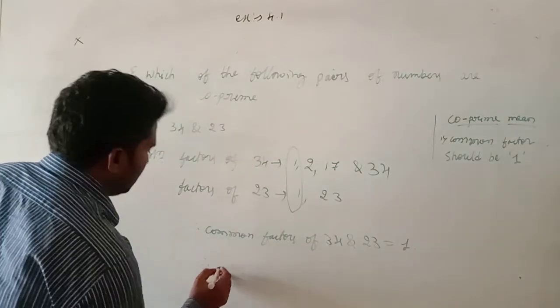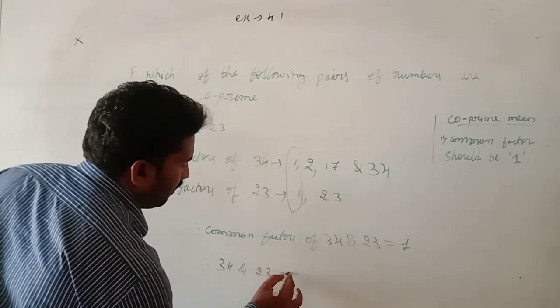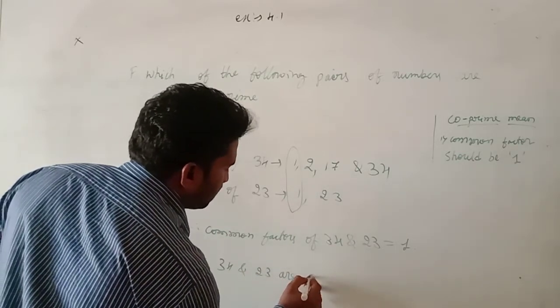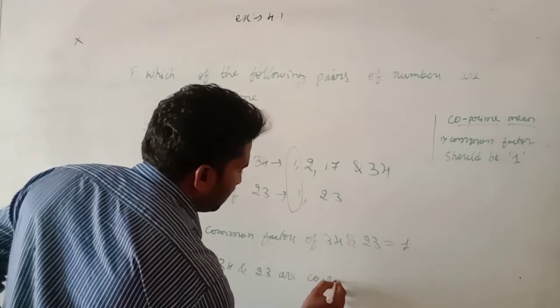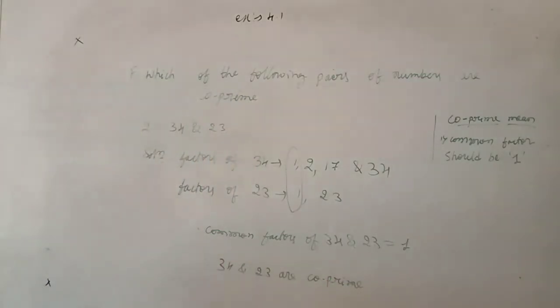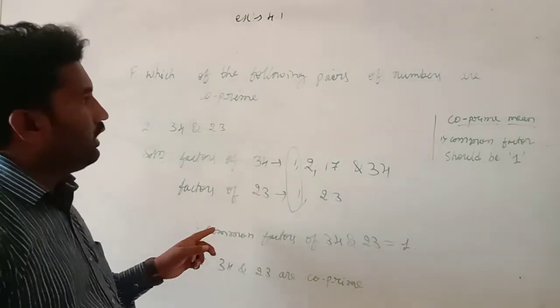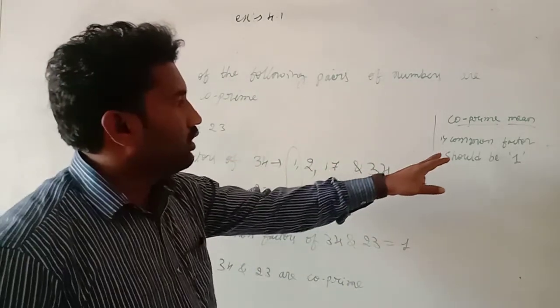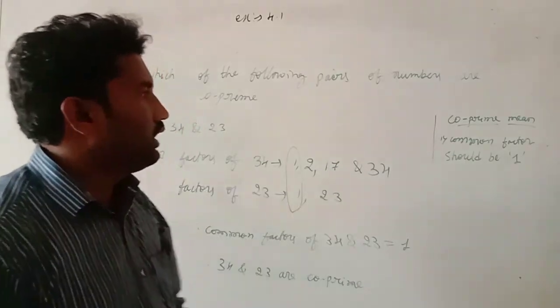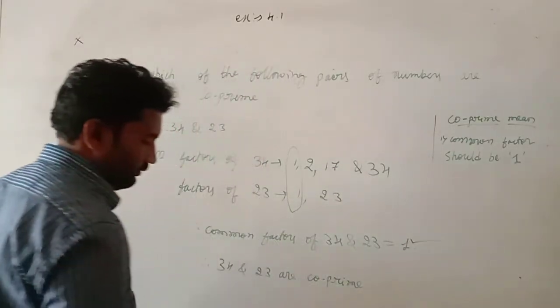Therefore, 34 and 23 are co-prime. Okay. Because we are getting common factor 1, only one common factor, so it is co-prime.